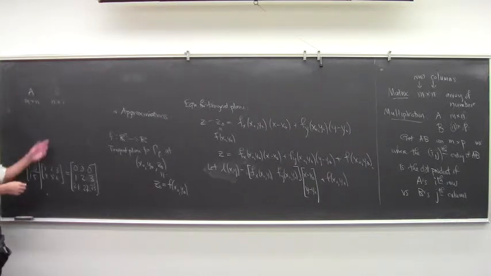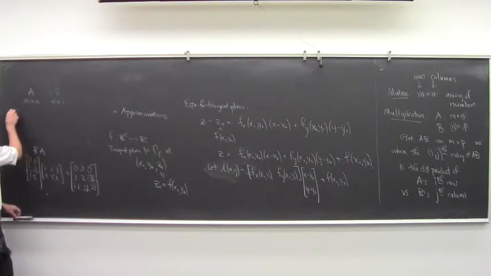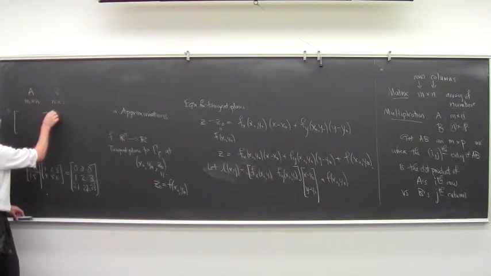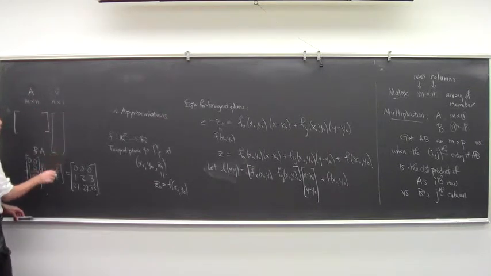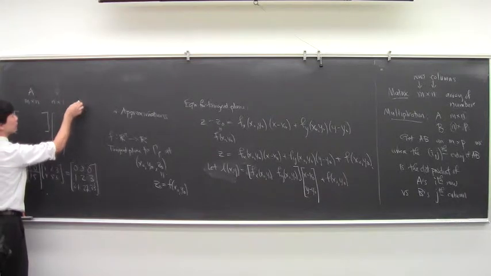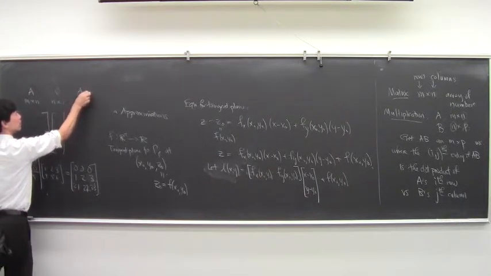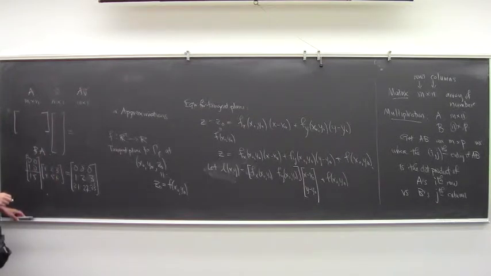Right? It's an n by 1. So I've got an m by n guy here and an n by 1 guy here. Well, I'm going to end up with a what? Well, it's going to be m by 1, right? AB is going to be an m by 1 guy, right?